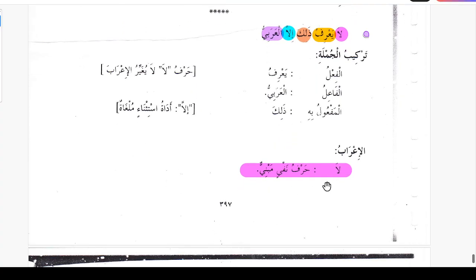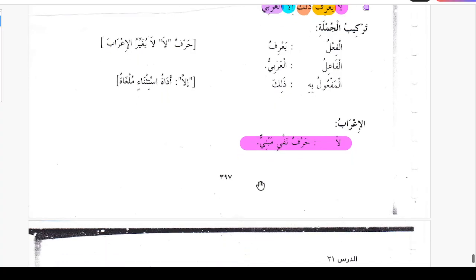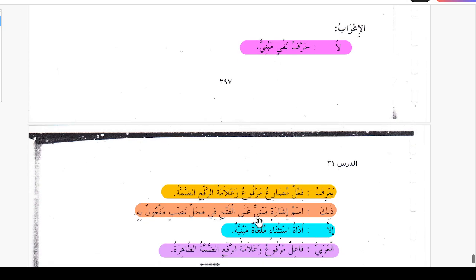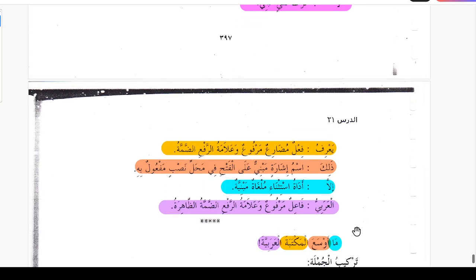So i'rab is la harfun nafin mabni, yarifu fi'lun mudarun marfun walamatu rafi ad-damma, zalika ismu ishara mabni alal fathi fi mahalli nasbin maf'ul bihi, and illa is adatu istisna mulghatun mabniyatun, and al-arabiyyu is fa'ilun marfun walamatu rafi ad-dammatu zahira.